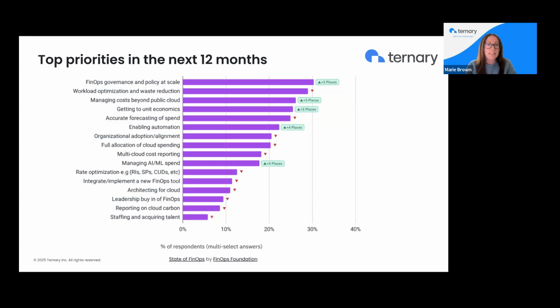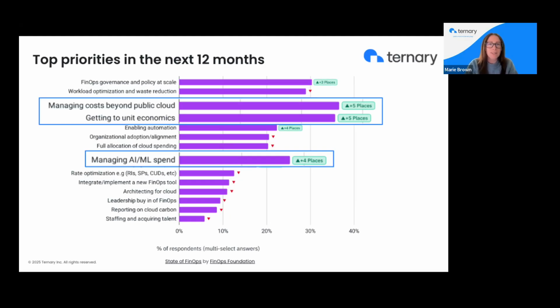So you'll see some things like FinOps governance and policy bubble up to the top. Again, that is having a cost-conscious culture. Workload optimization, not going anywhere, to be expected. But if I pop out the results here, you'll notice managing costs beyond public cloud, getting to unit economics, and managing AI ML spend jumped several places in the pecking order here.